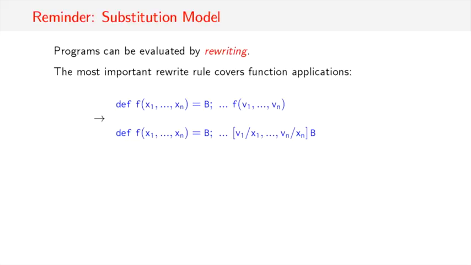In the substitution model, programs can be evaluated simply by rewriting the program text. There are a number of rules. The most important rewrite rule covers function applications. So here you see the rule.